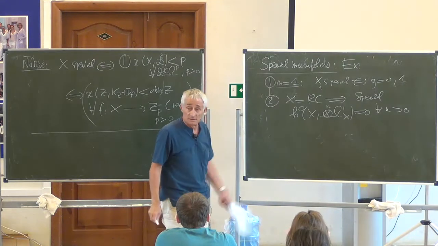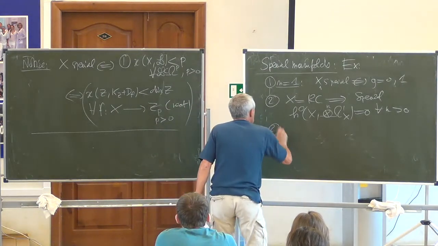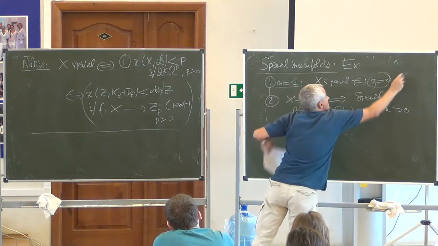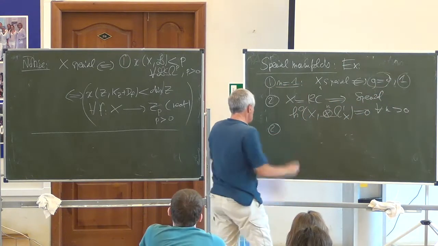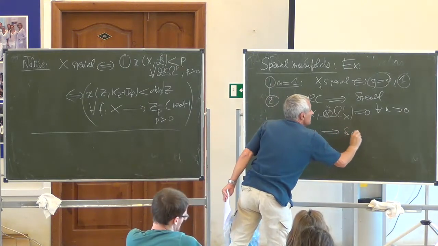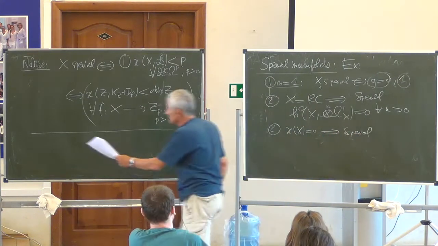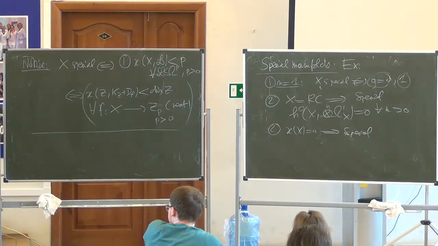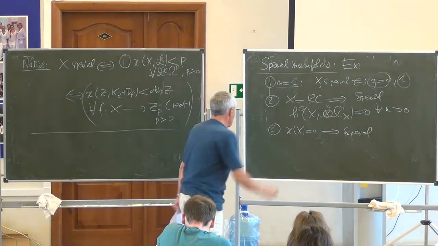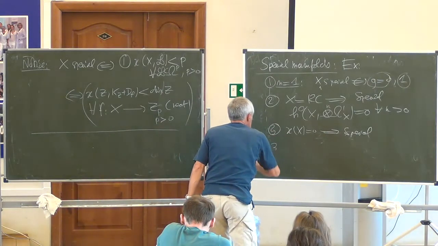Now the second thing: this generalizes g is 0. Now g is 1 is generalized by κ(X) is 0. This implies that X is special, and this is the theorem, this is the corollary, which is here. So you have this generalization. Now this is 3.